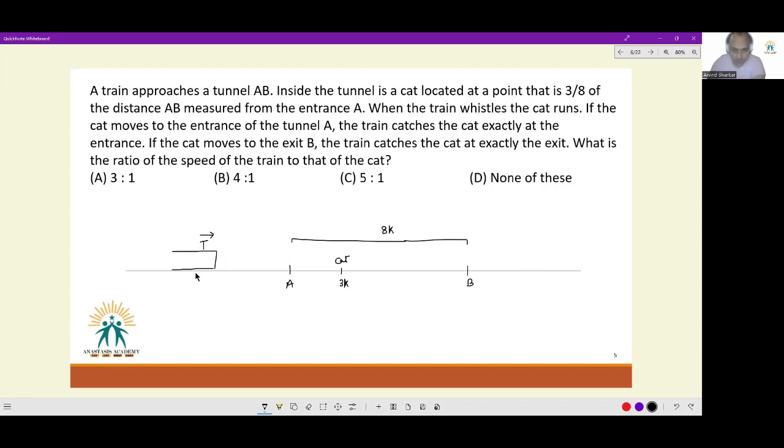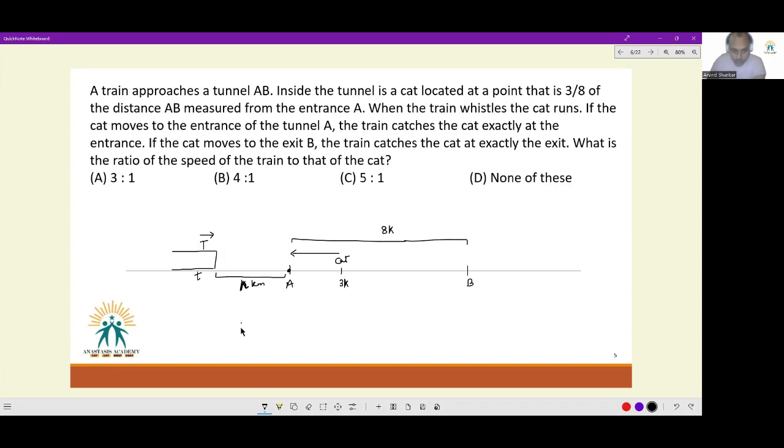Let the speed of the train be T itself. When they are meeting at point A, the cat is traveling this way, the train is traveling this way. Let's say this distance here is k or n kilometers.